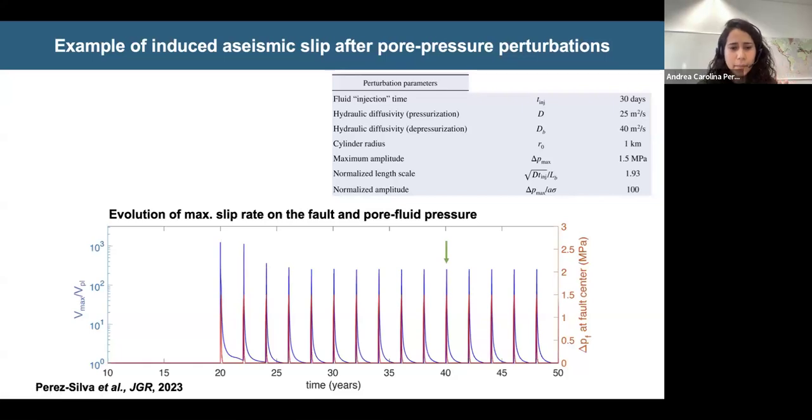So these pore pressure perturbations periodically induce SSEs, or SSE-like behavior, in that the velocity on the fault increases several orders of magnitude above the plate rate every time we impose the perturbation. And this behavior is quite regular. So these SSEs are basically the same event, just induced over and over again as we impose the same type of perturbation.